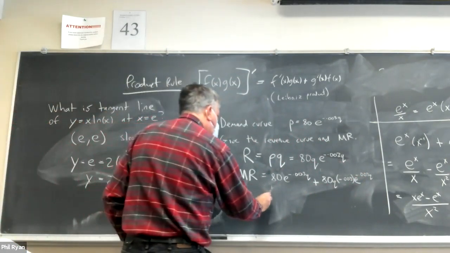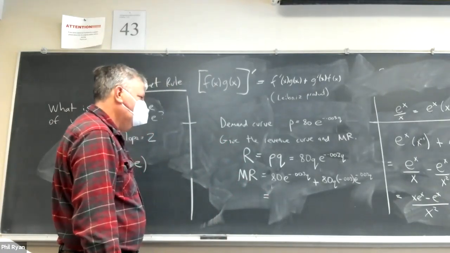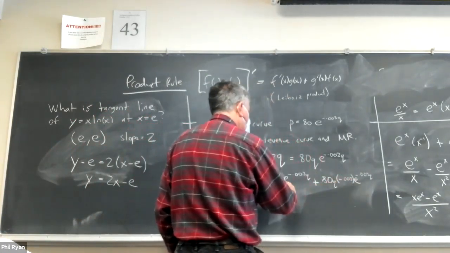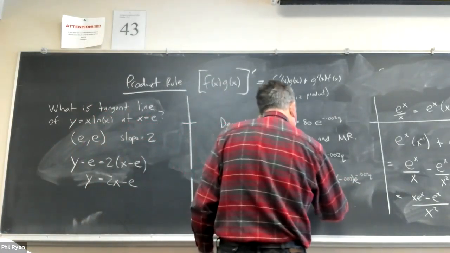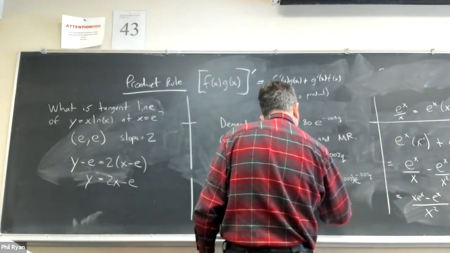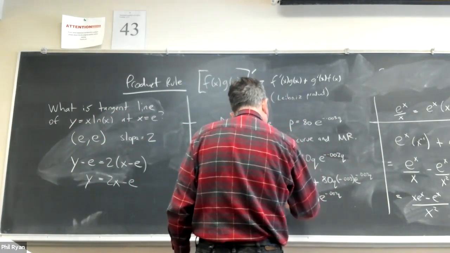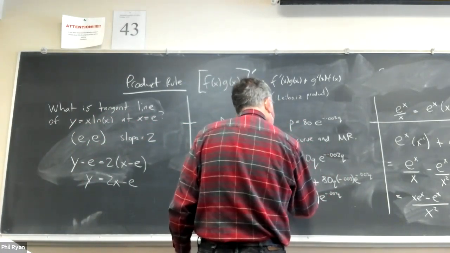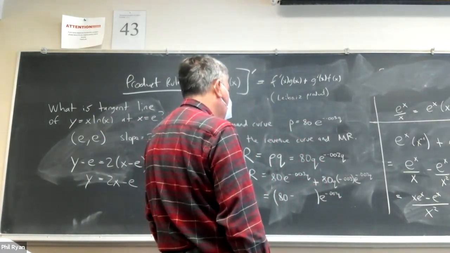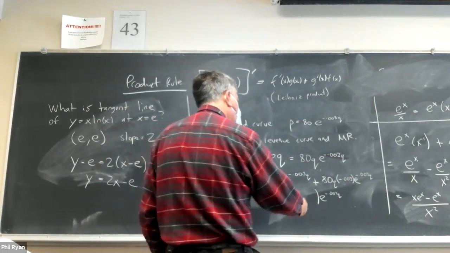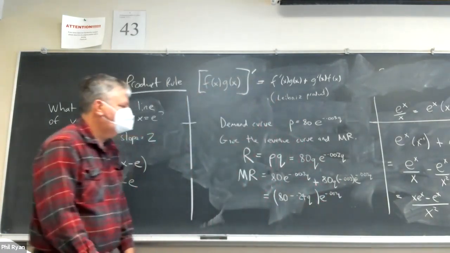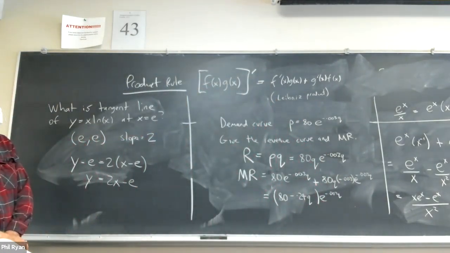And so now when we put it together, actually it'll look neater if we take out a common factor of e to the negative 0.003Q. And then here we've got 80, then minus 0.003 times 80, which is what? 0.24? Something like that.